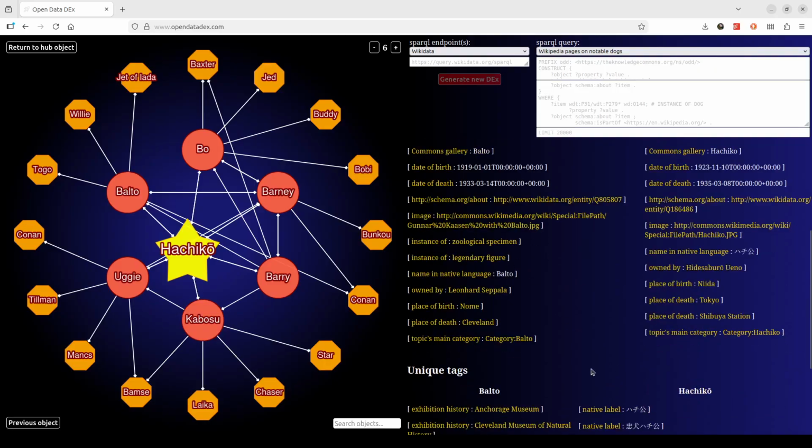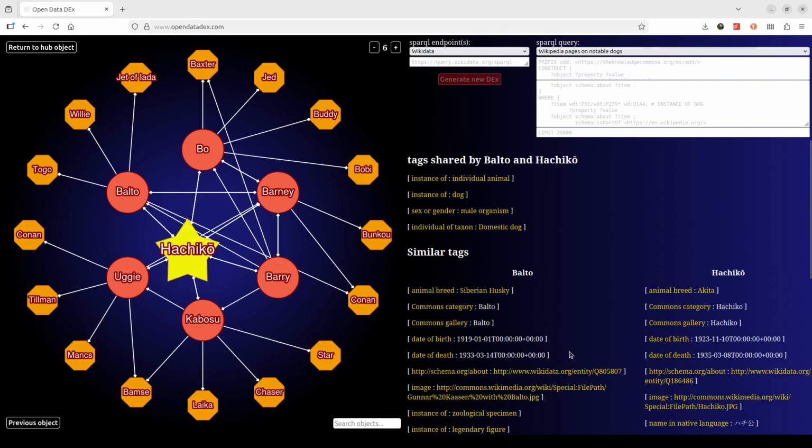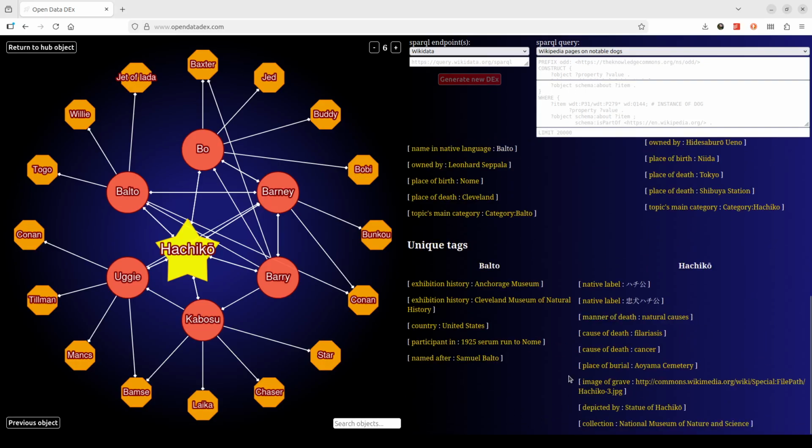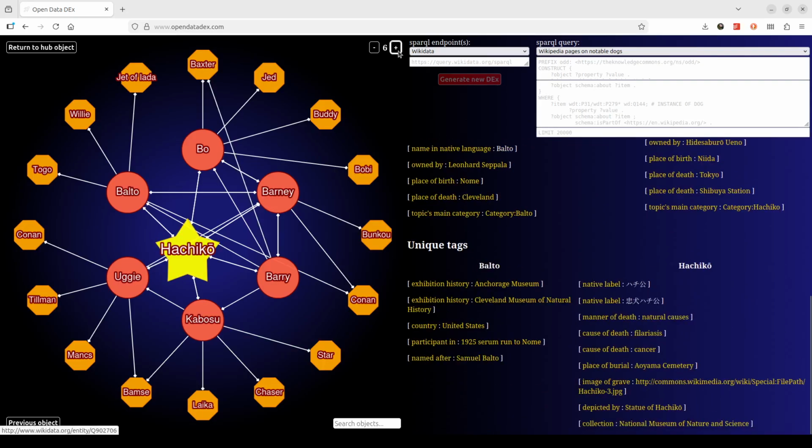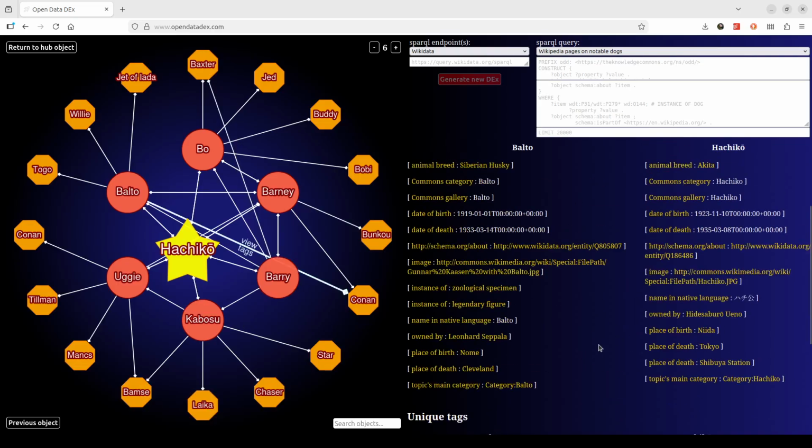All these dogs seem to not have very many tags. This really isn't very much data here. So I think the fact that these are famous dogs, there's a little more data than probably a lot of these other dogs. That's why they're so connected.